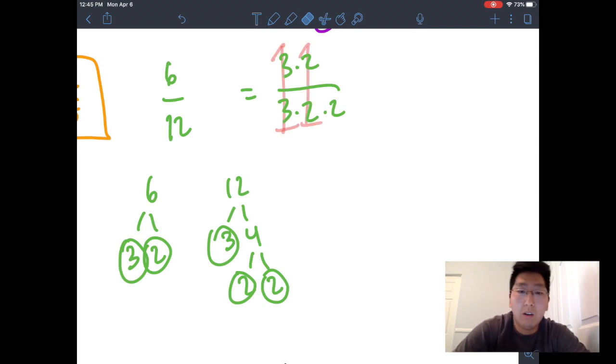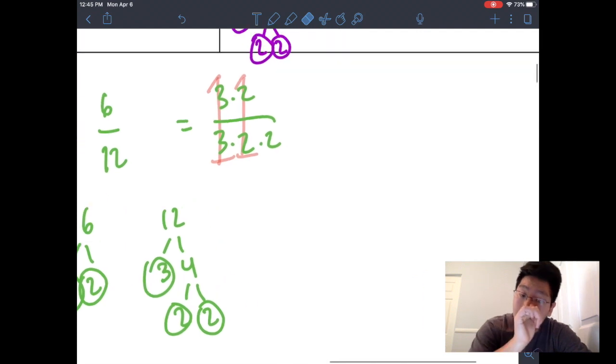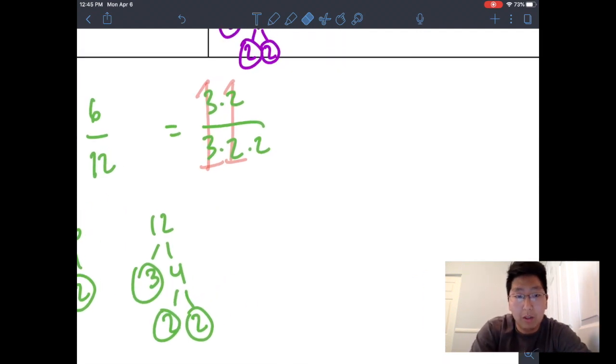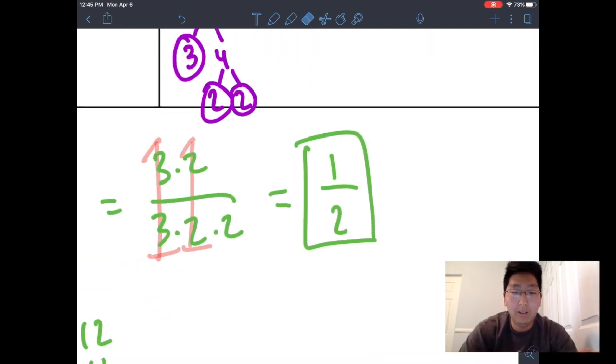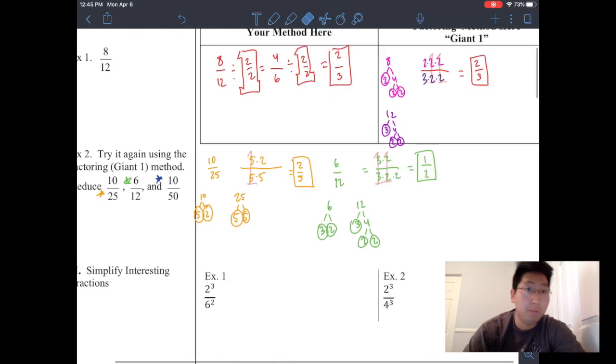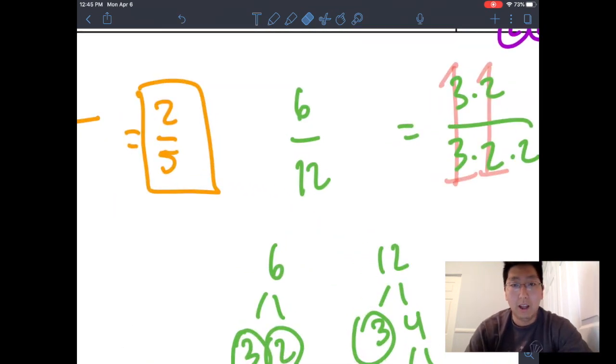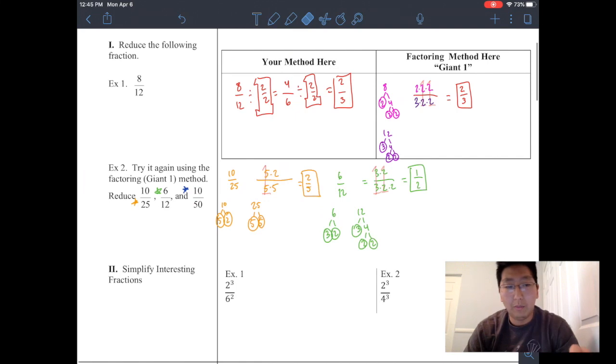Now, there are no numbers on top, so you need to recognize that it's 1 times 1. So on the top, we're going to have 1, and on the bottom, we're going to have 2. 1 times 1 is on top, and 1 times 1 times 2 is on bottom. So there we go. And if you look at 6 over 12, you might be able to recognize that 6 is half of 12.